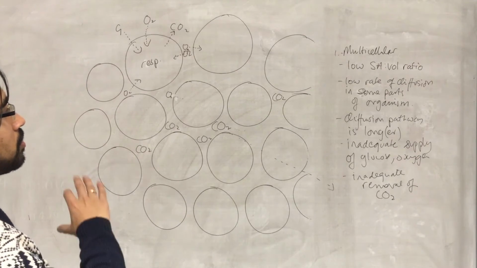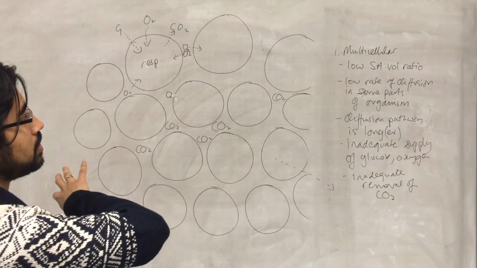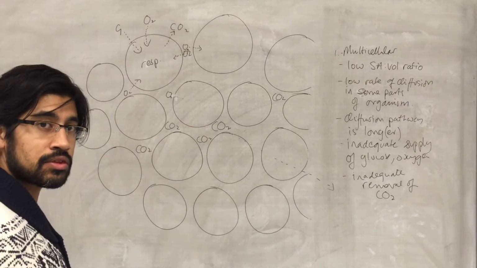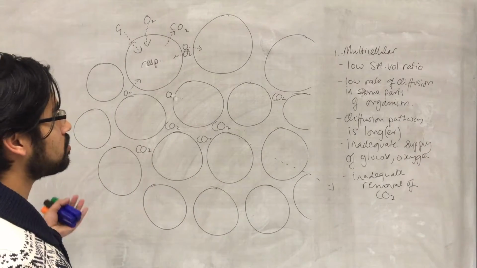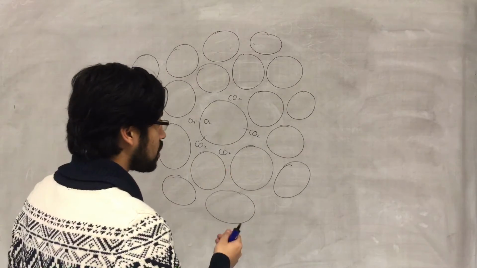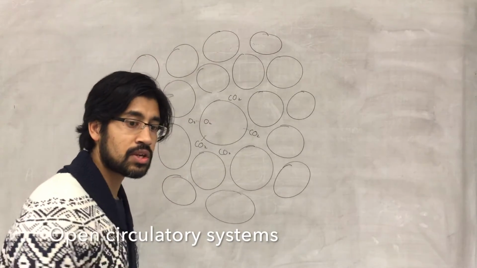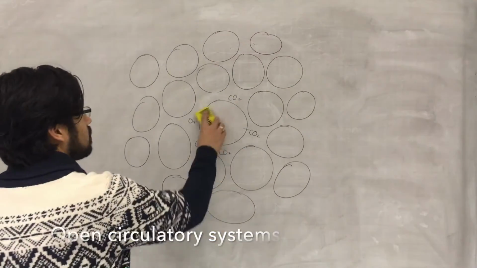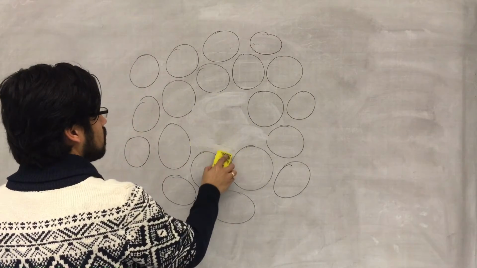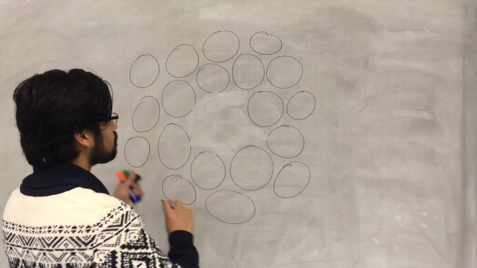Okay, so now the next thing is, if diffusion is inadequate, then how does mass flow improve the supply of oxygen and removal of waste? The simplest way is in an open circulatory system, where you have a very basic tissue or organ that acts as a pump.